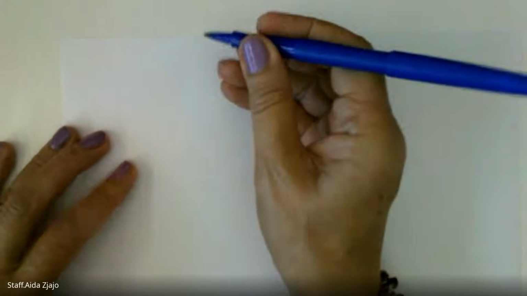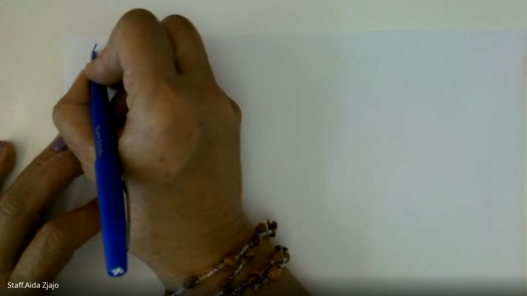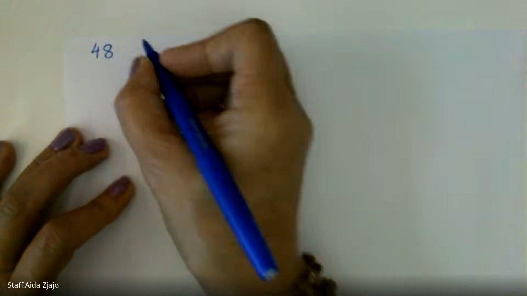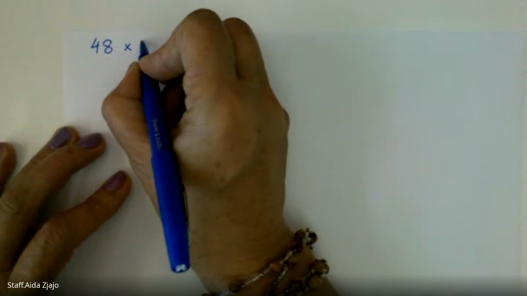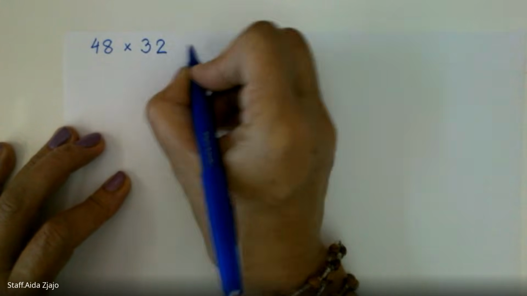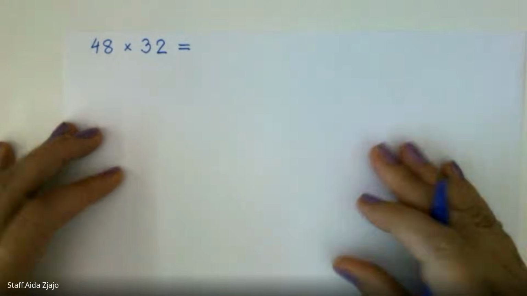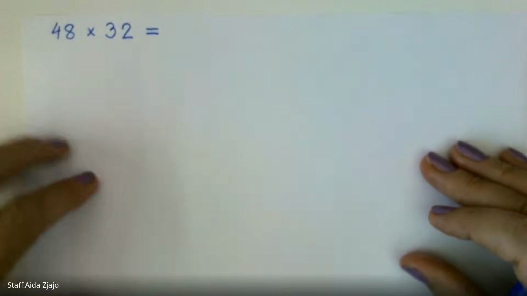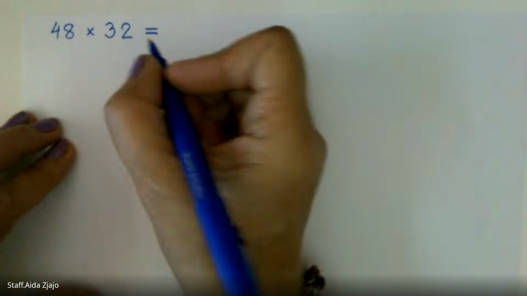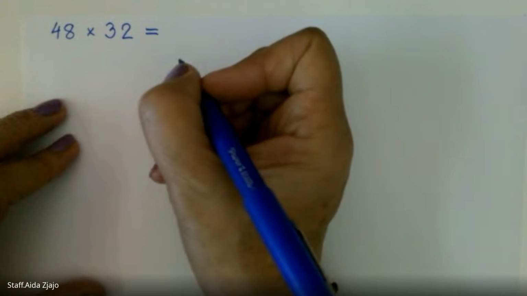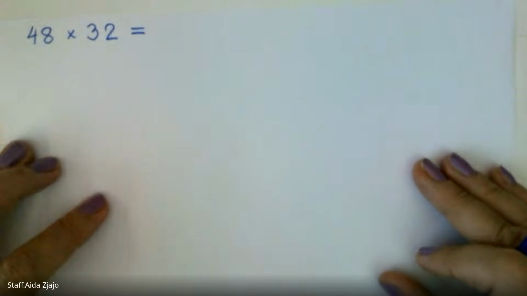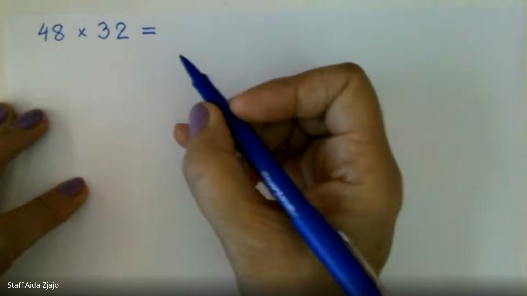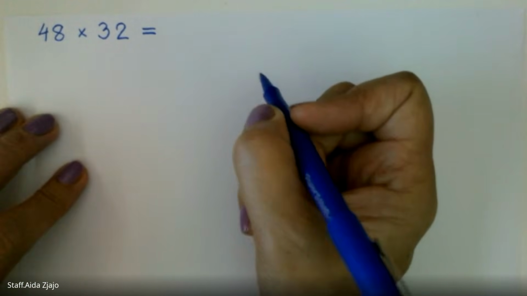Okay, so let's see if we have a problem to solve. For example, if I need to do 48 groups of 32, and I don't know how to do that, the idea is to use the distributive property, because the area is connected to the distributive property. We're going to distribute numbers, and then we will use those in our areas.